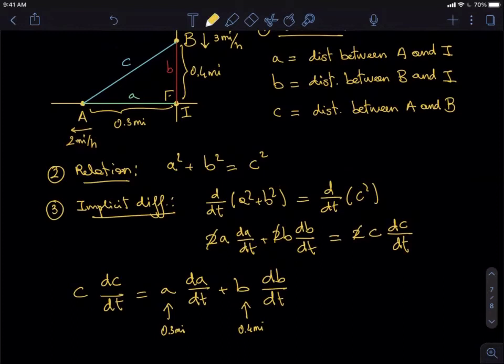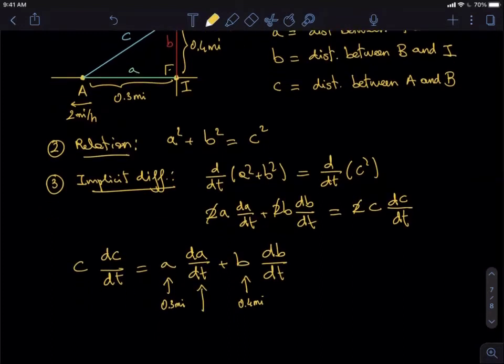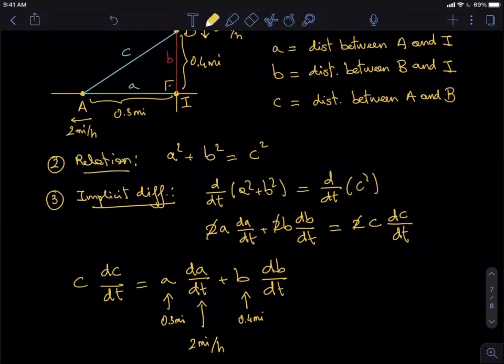And then on the left hand side, this dc/dt is what I want. And c, I have no idea. It's not given in the information. But actually I can find it.